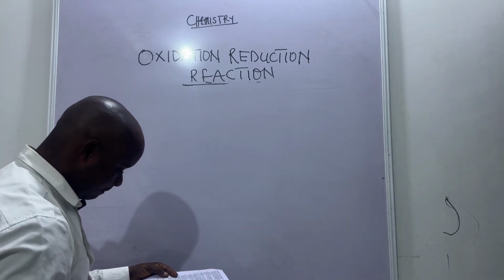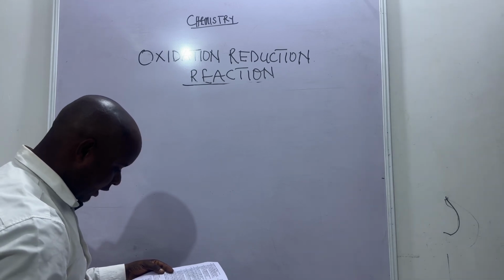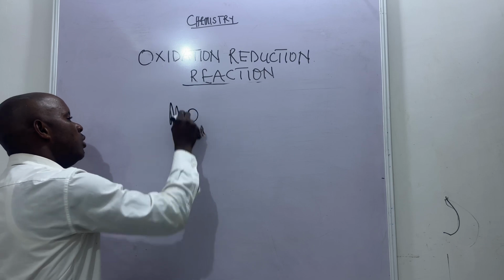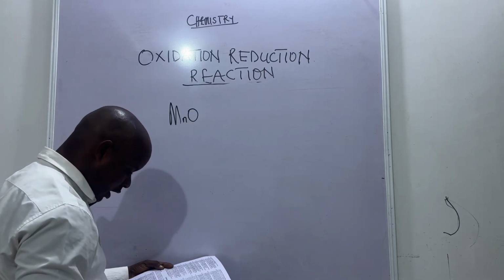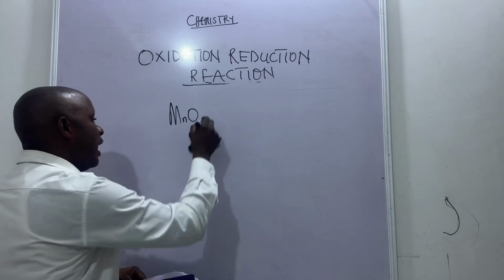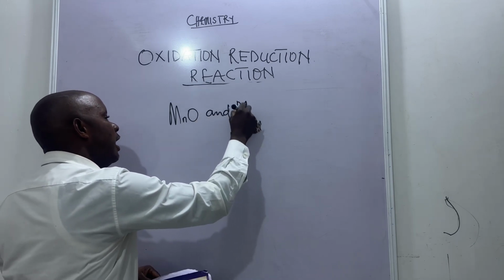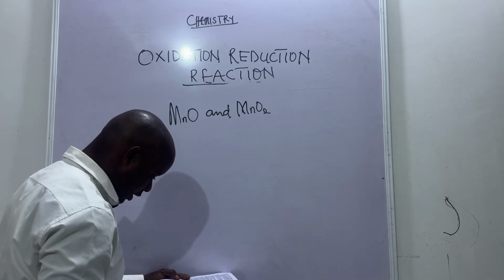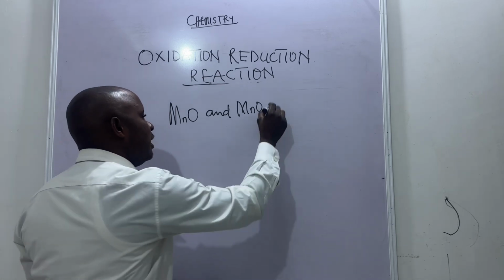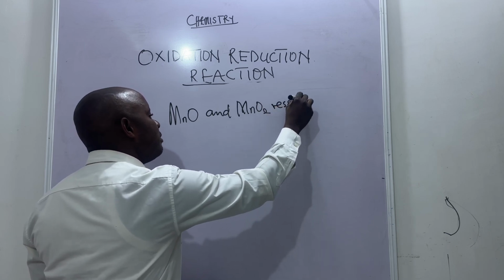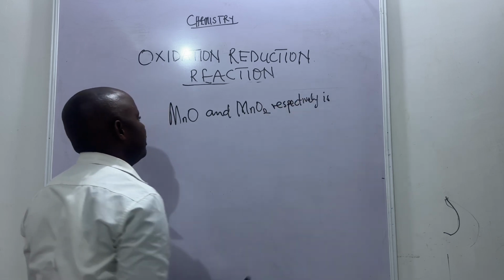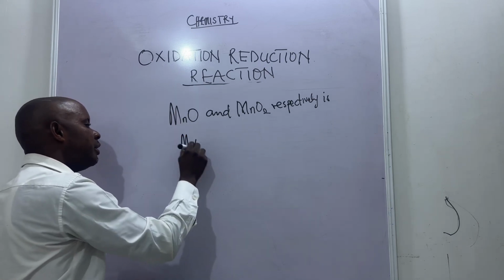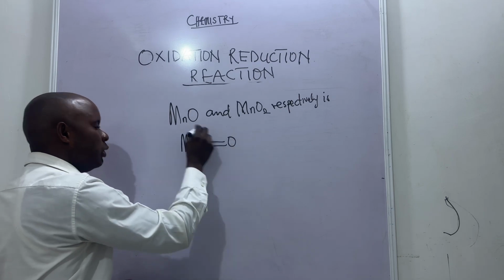Let's take the oxidation state of manganese in MnO and MnO2 respectively. We said the oxidation state of a neutral compound is equated to 0.